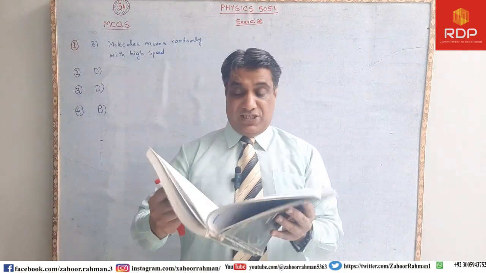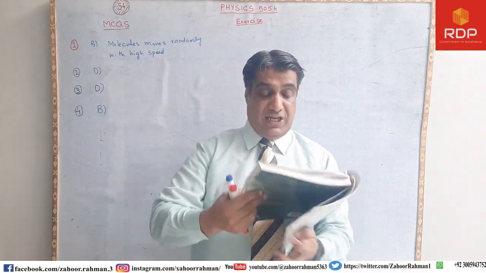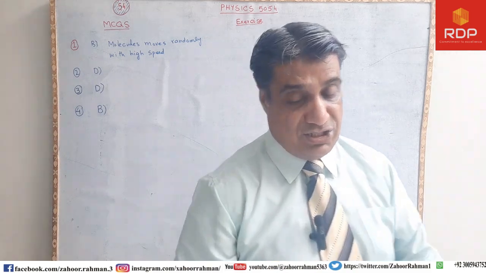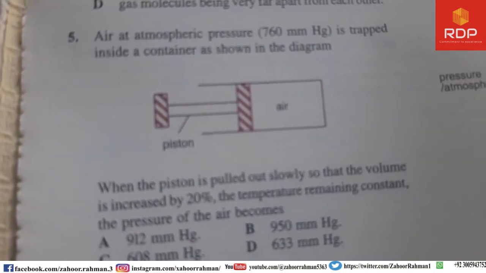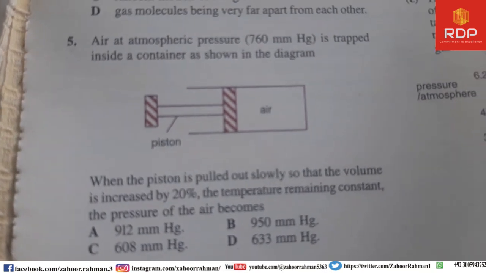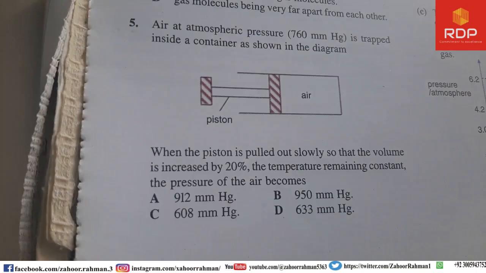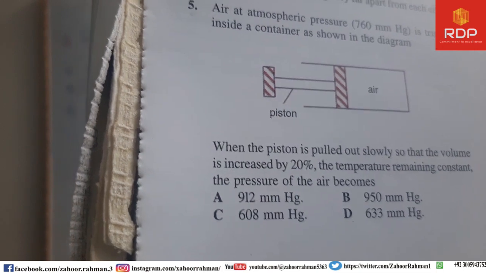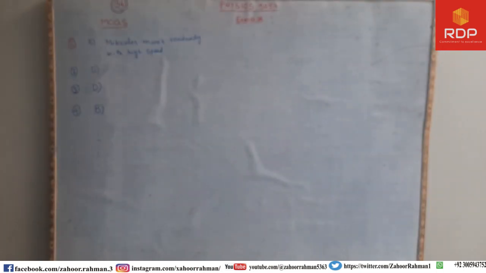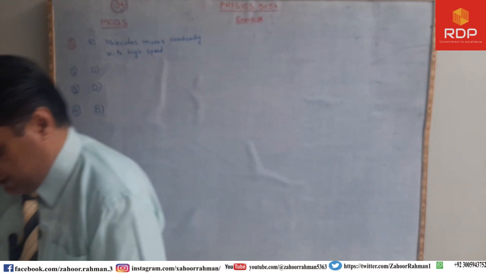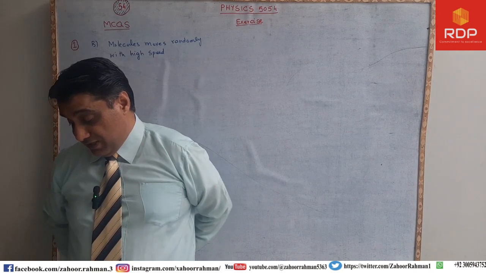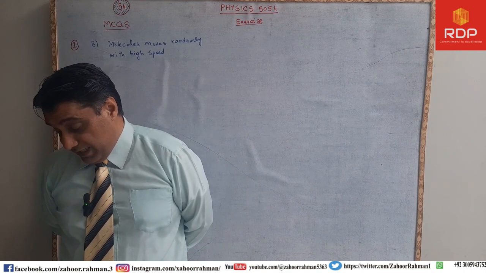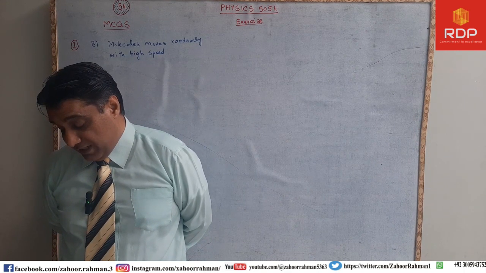Now, the fifth question and the final question, not the structured question, is this one. They have given us a syringe, and in the question they are saying air at atmospheric pressure, 760 millimeters of Hg, is trapped inside a container as shown in the figure.